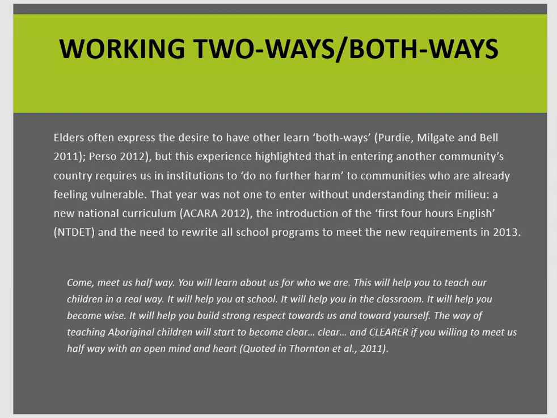And the Purdy, Milgate, Bell and the Perso readings also talk about the role of elders and what roles they play in the both ways learning process. But it also highlights that entering other communities and country requires us, as institutions, as educational settings, as schools, to do no further harm to communities who are already feeling vulnerable.